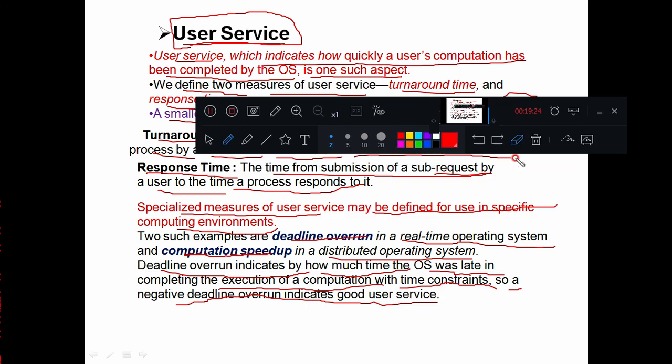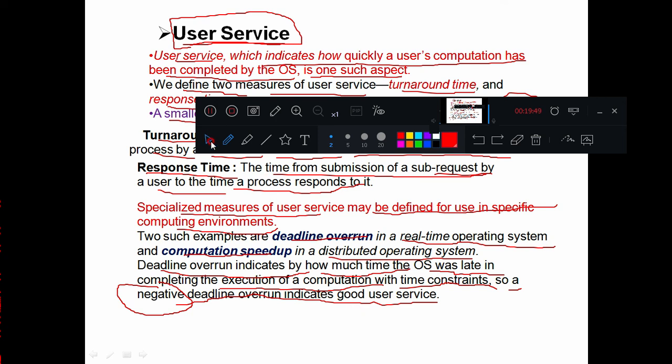If the deadline overrun is positive, I can say the operating system is taking more time to complete the job. If it is negative, then the operating system is very fast in completing the user jobs.